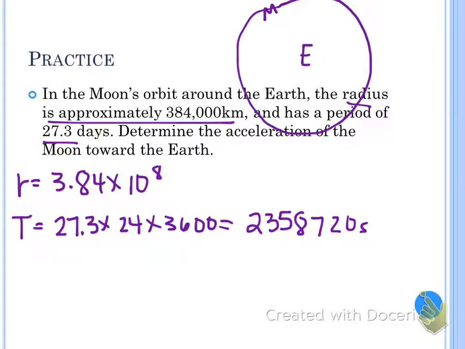Okay, so again here to solve for acceleration, we would need velocity squared over radius. So we need to solve for velocity first.